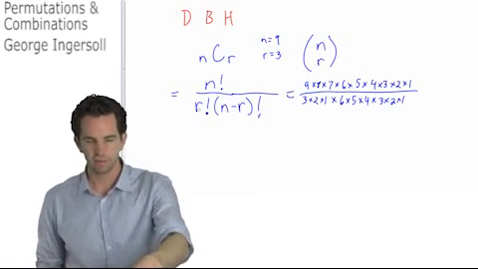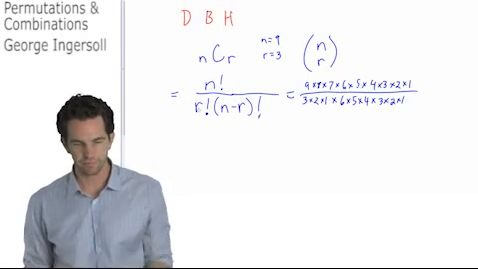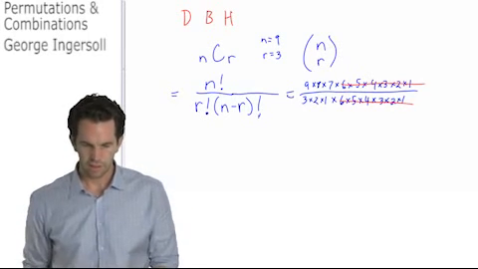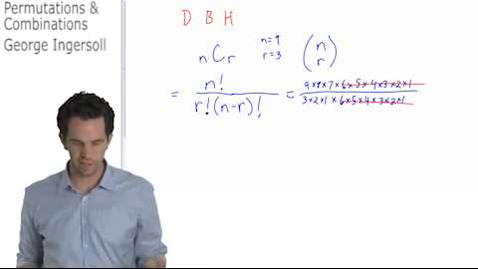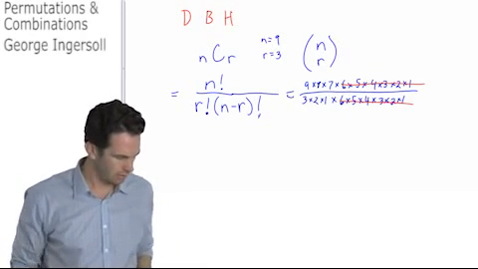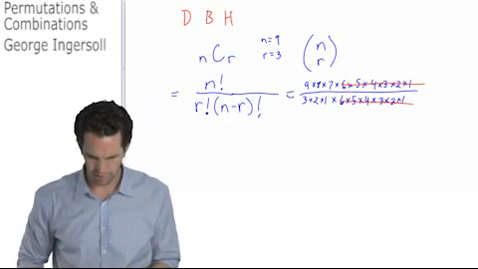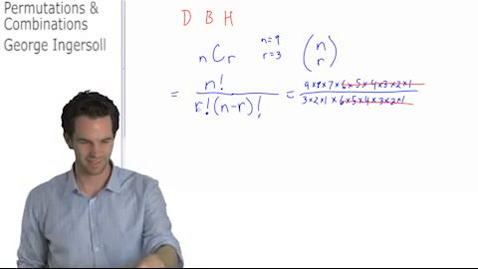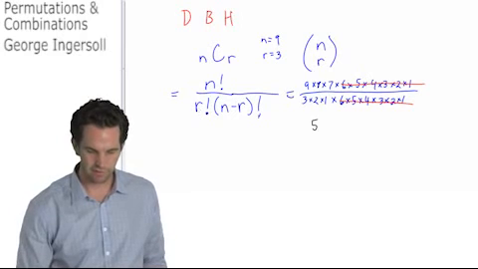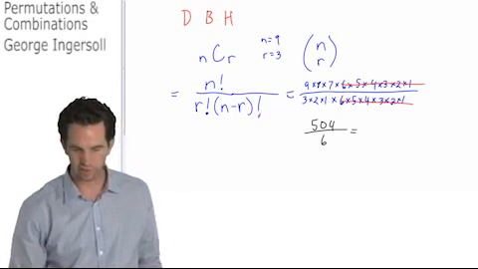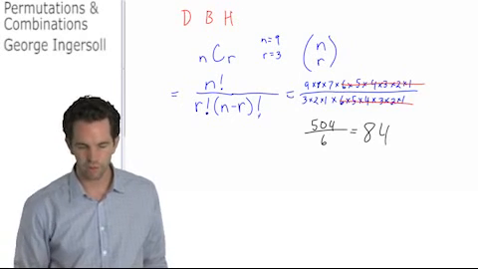And so, again, we can start crossing things out. And now we're left with this. 9 times 8 times 7 divided by 3 times 2 times 1. So that would be, gosh, I forget what 9 times 8 times 7 was. 504, right. Yes, that makes sense. So this would be 504 divided by 6, and that's going to be equal to 84.